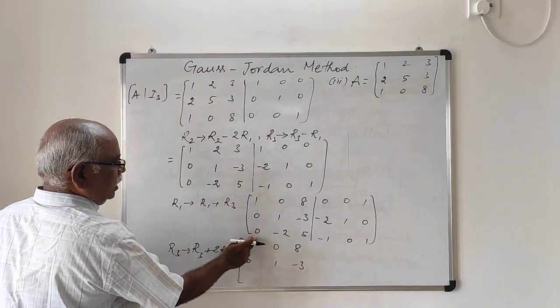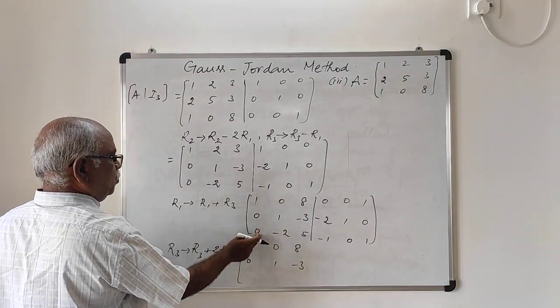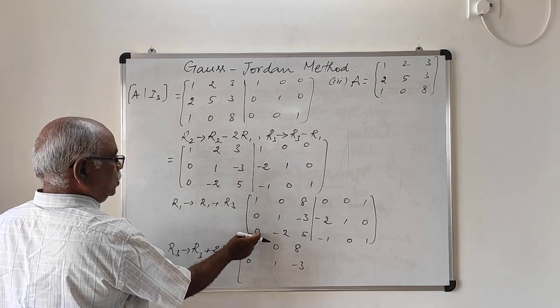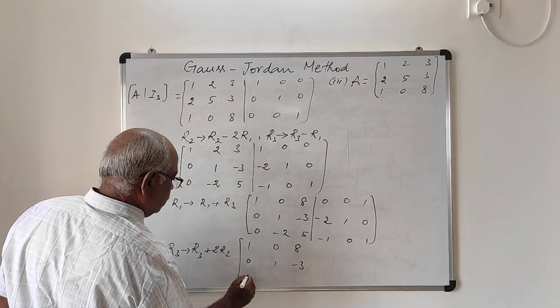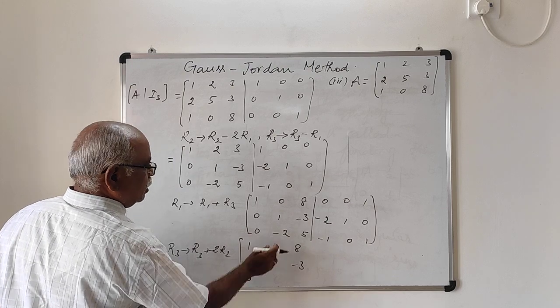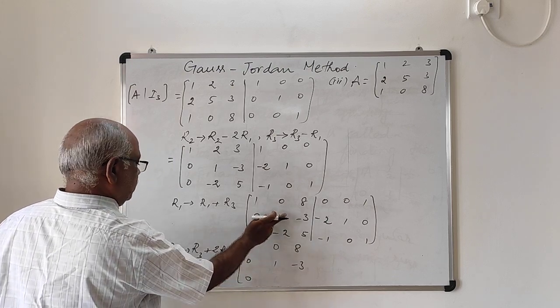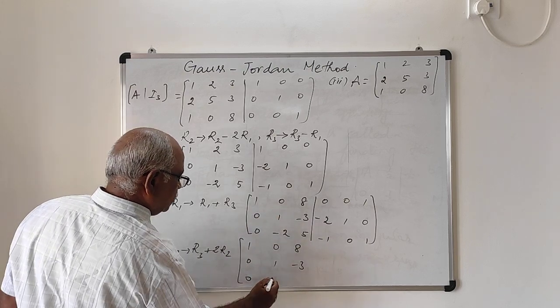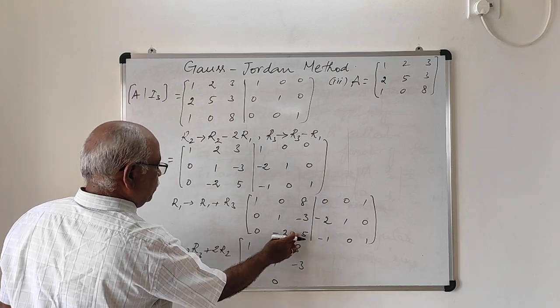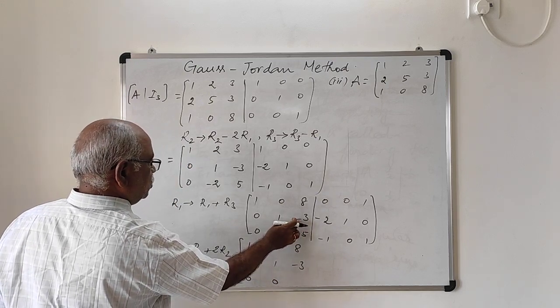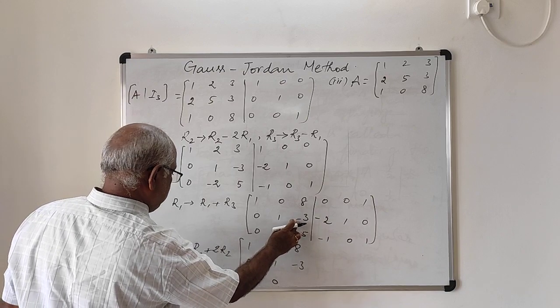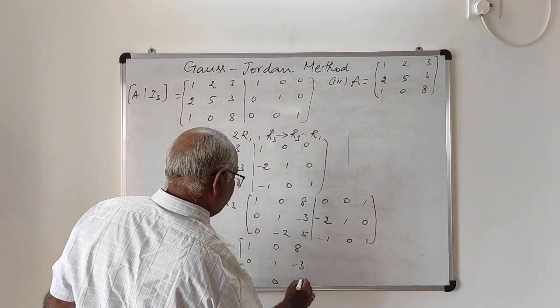R3 plus 2 R2: 0 plus 2 times 0, 0. Then minus 2 plus 2, 0. 5 plus 2 times minus 3, that is minus 6, 5 minus 6, minus 1.